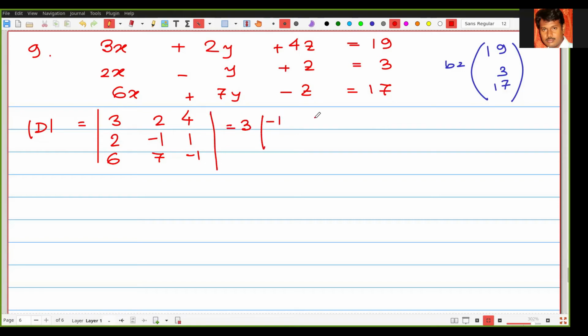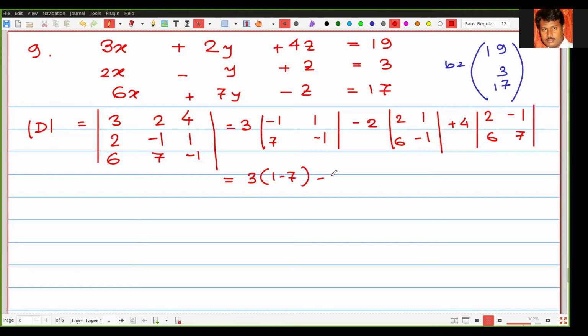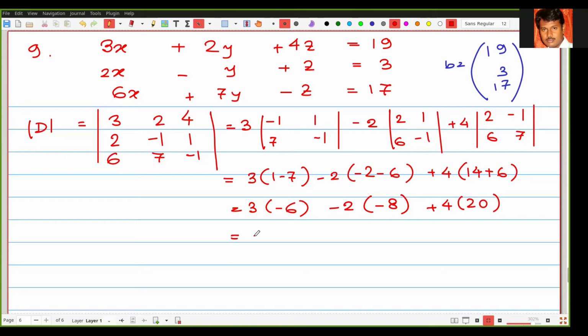So the value is 3 of (1 minus 7), minus 2 of (minus 2 minus 6), plus 4 of (14 plus 6), or 3 into minus 6, minus 2 into minus 8, plus 4 into 20, or minus 18 plus 16 plus 80 is equal to 78, so not equal to 0. So we can proceed with Cramer's rule.